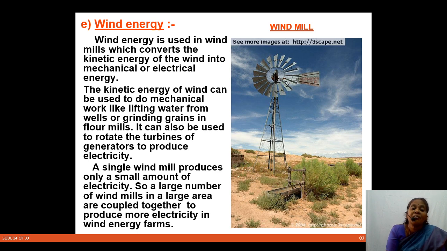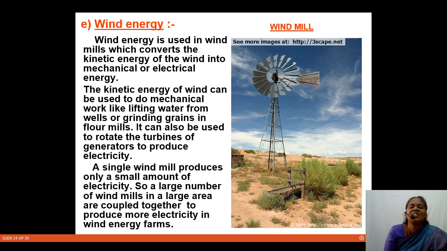The kinetic energy of wind can be used to do mechanical work like lifting water from wells or grinding grains in flour mills. It can also be used to rotate the turbines of generators to produce electricity. A single windmill produces only a small amount of electricity. So a large number of windmills in a large area are grouped together to produce more electricity.